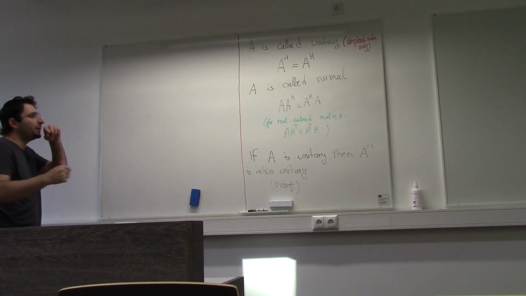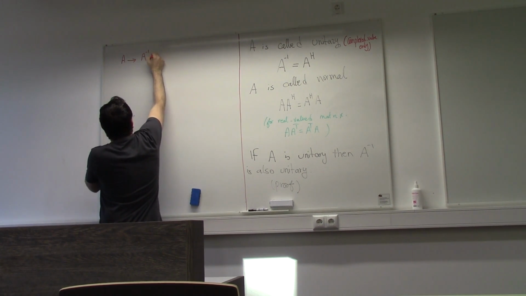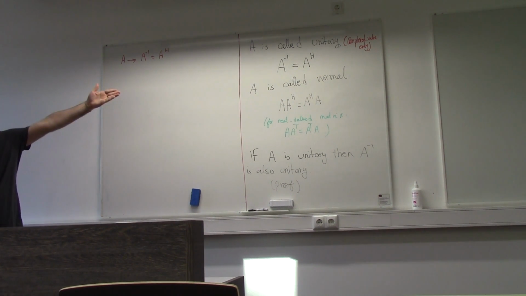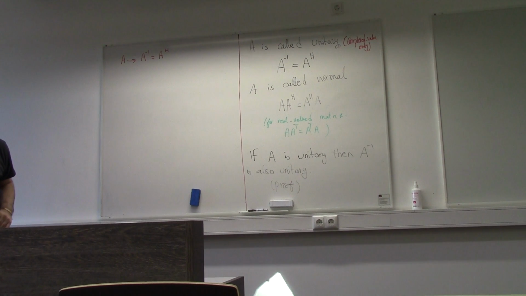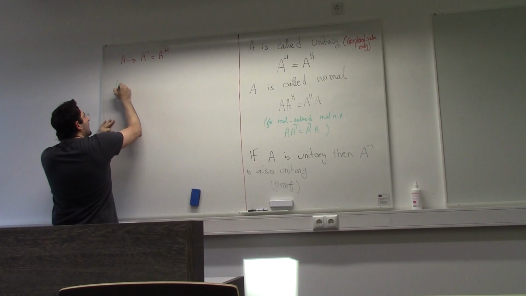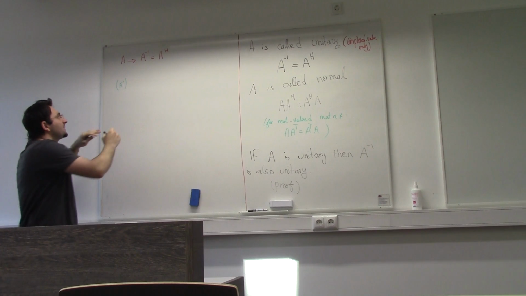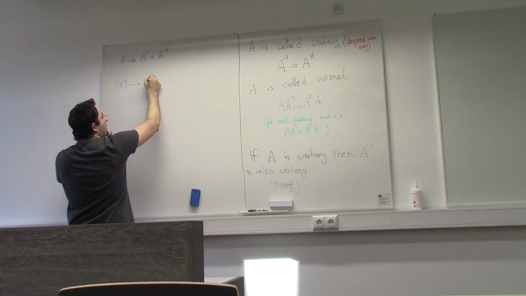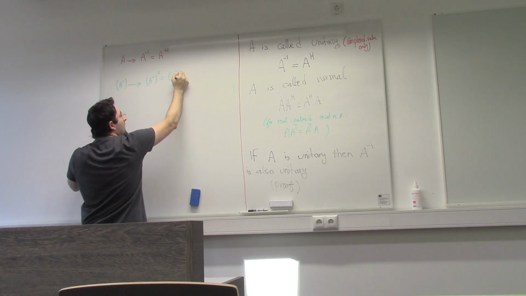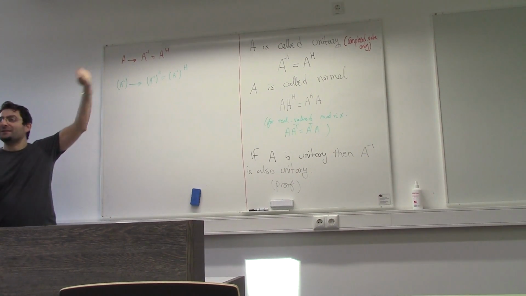What was the definition of unitary? For A, we have A inverse is equal to A Hermitian, right? This was the definition of unitary. So for any matrix, we have this law. This is my any matrix, and I just replace it into the definition. What is A inverse inverse?